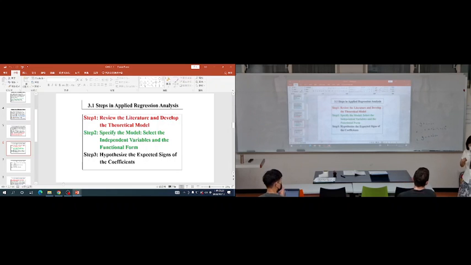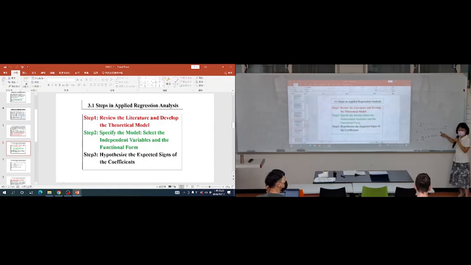Yes, but different variables. One is x1, the other one is x2. You see the difference? But they do have the same functional form.